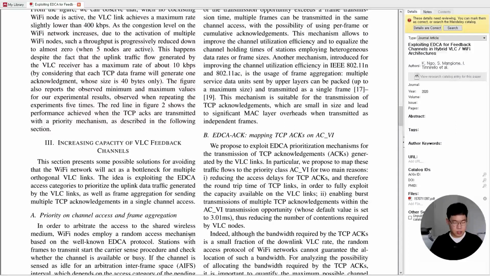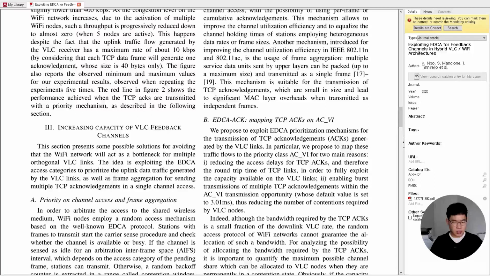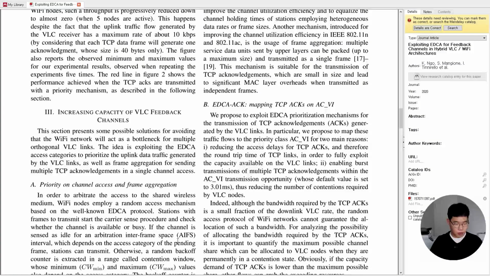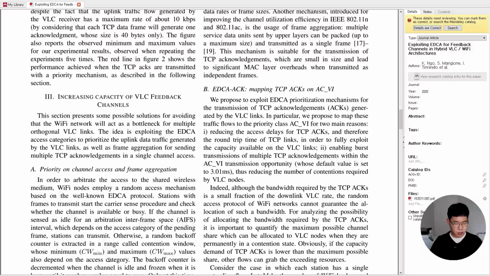If the channel is sensed idle for the arbitration interframe space (AIFS) interval, which depends on the access category of the pending frame, stations can transmit. Otherwise, a random backoff counter is extracted in a range called contention window, whose minimum CWmin and maximum CWmax values also depend on the access category.